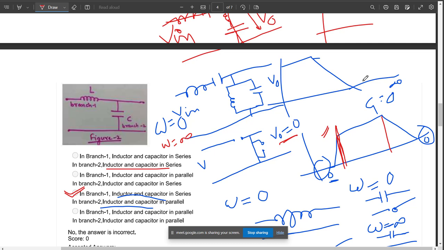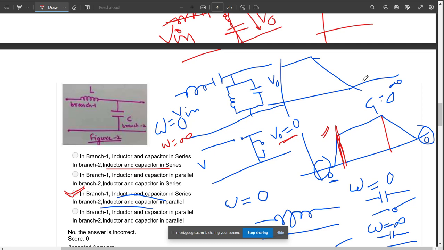Ma'am, for the first option, if the inductor and capacitor are in series, the net impedance is j into omega L minus 1 by omega C. For a particular frequency, omega L minus 1 by omega C equals 0, so no output is going outside.